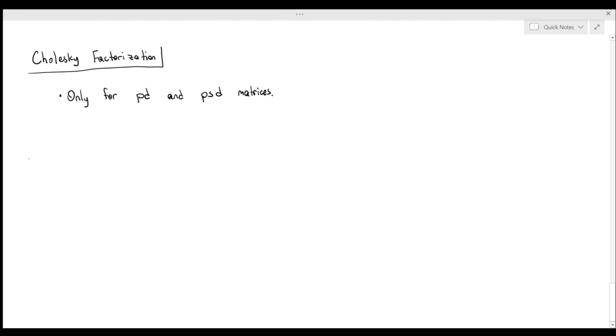And I'm going to go ahead and illustrate first with an example. And then after the example, I'll go ahead and summarize the procedure for calculating a Cholesky factorization.